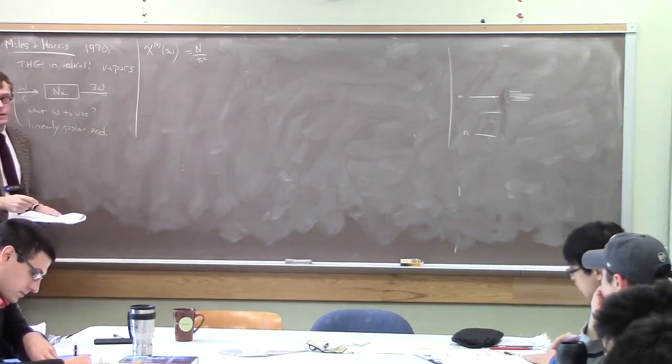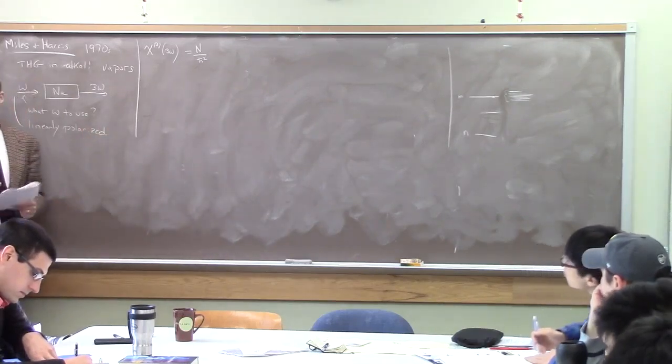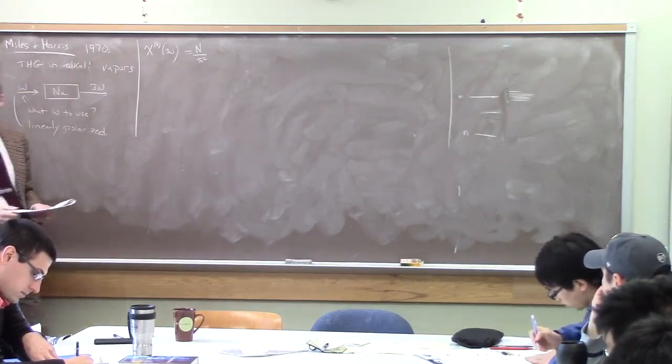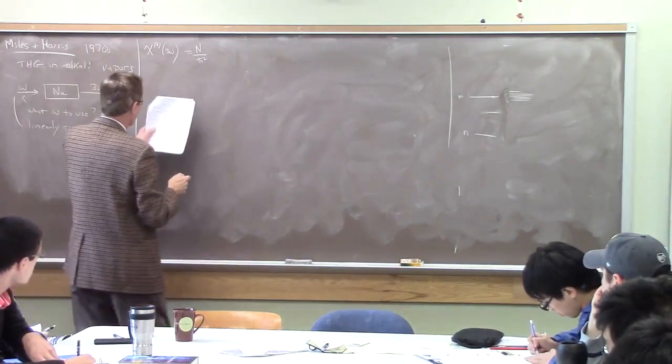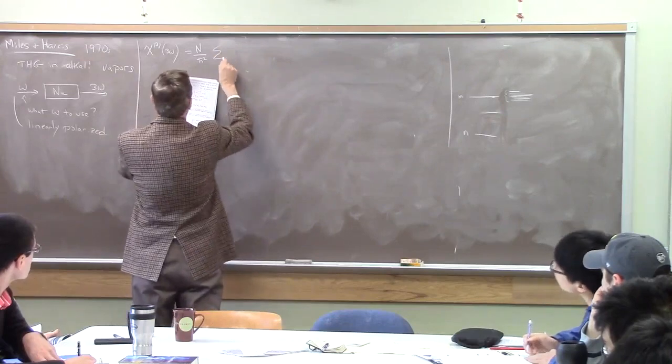They assume that the light is linearly polarized, so we don't have to explicitly treat the tensor nature of this.